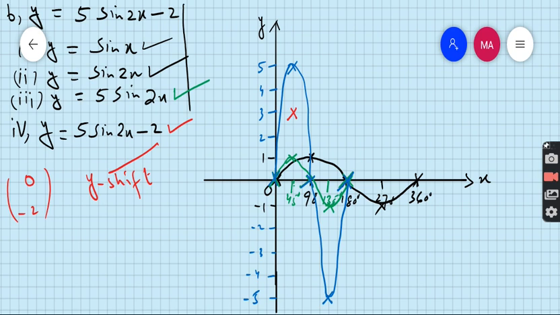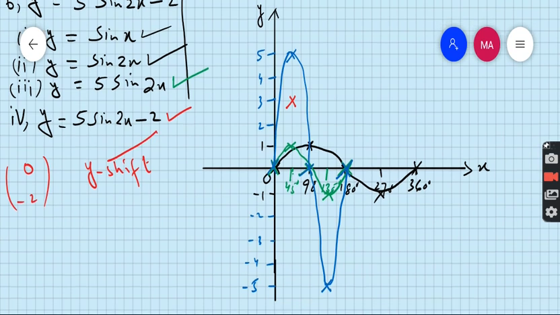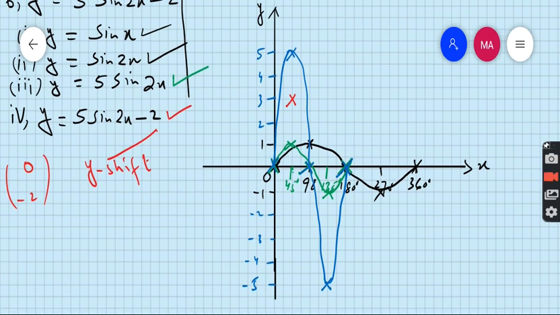This point, kindly wait. This blue cross also move to minus 2. Okay, this also move to minus 2.